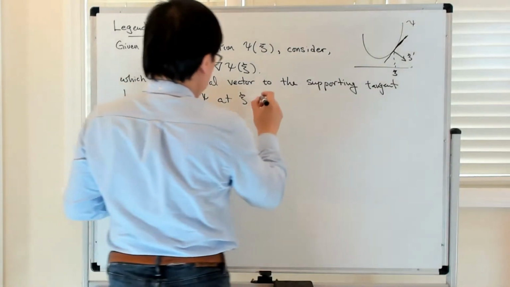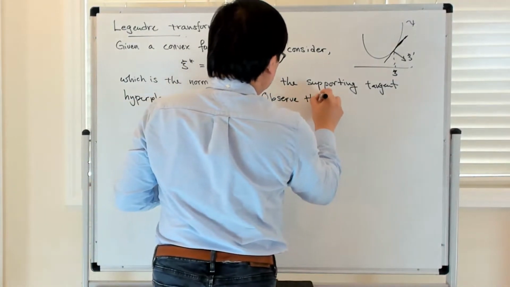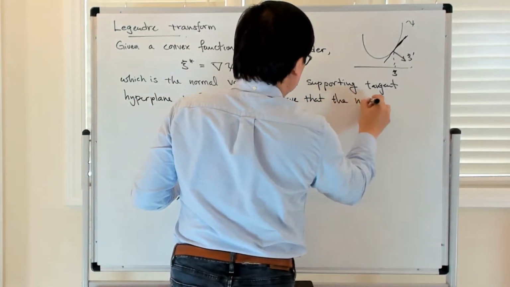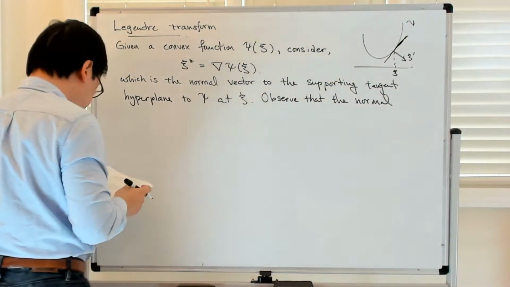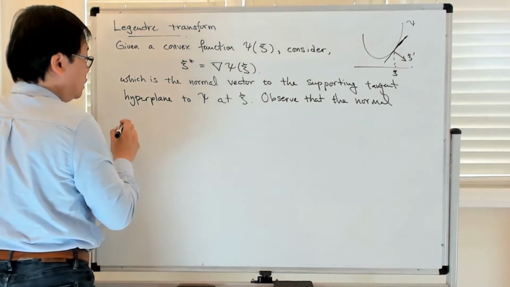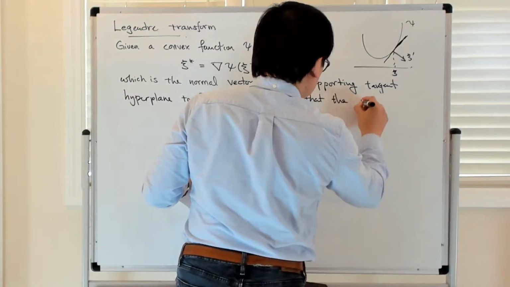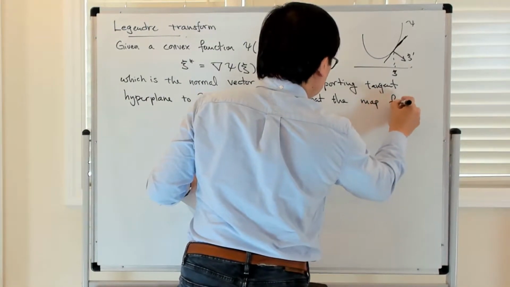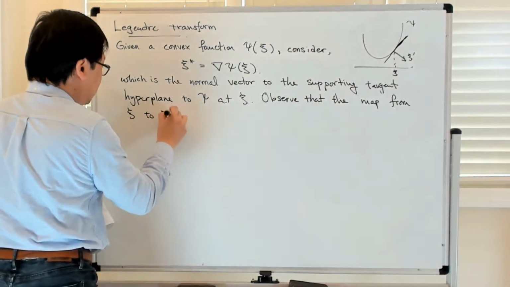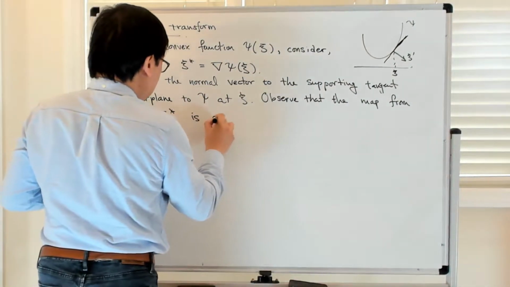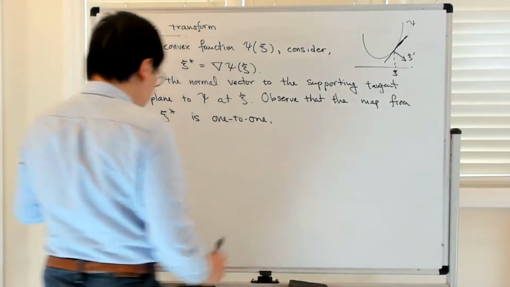So you can observe that the normal, or more precisely, that the map from the point C to C star is one-to-one and differentiable.